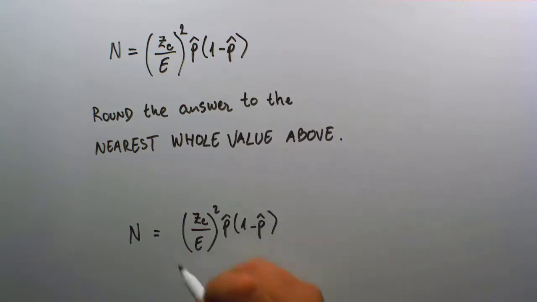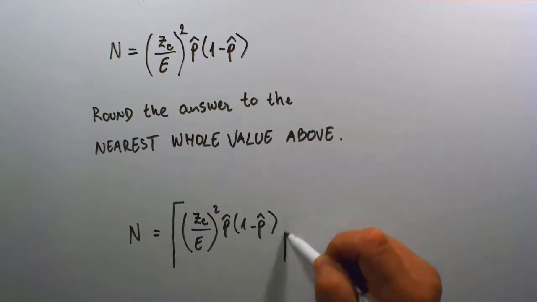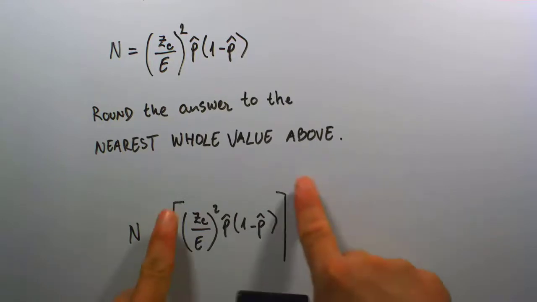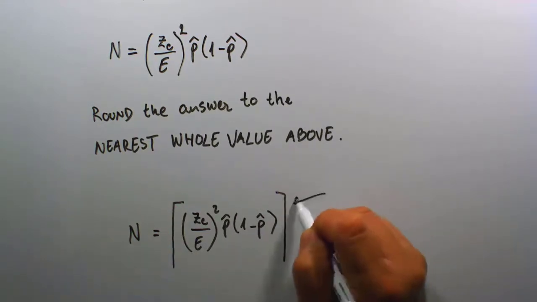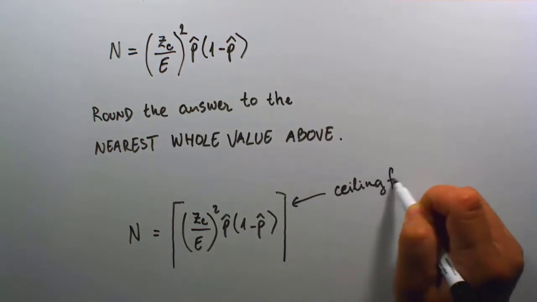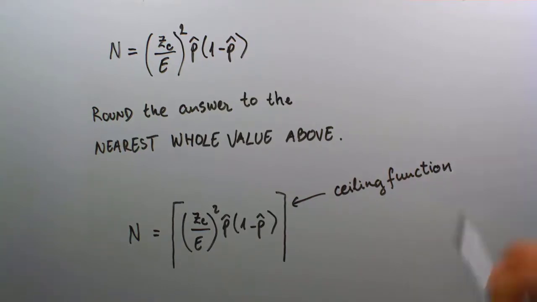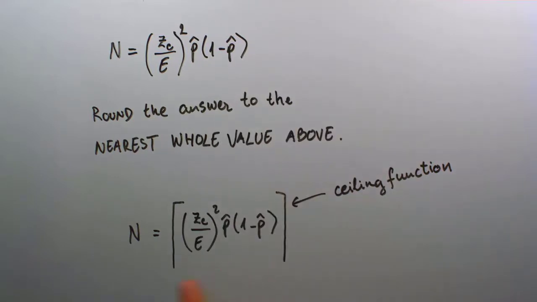But then the formula in many textbooks has this pair of symbols, which in the end is actually one symbol understood as the ceiling function. I just want anyone viewing this video to be aware that it is the same exact formula, but many textbooks have it written including the ceiling function.